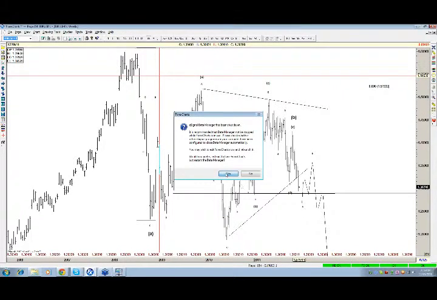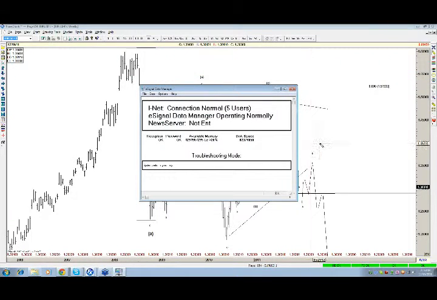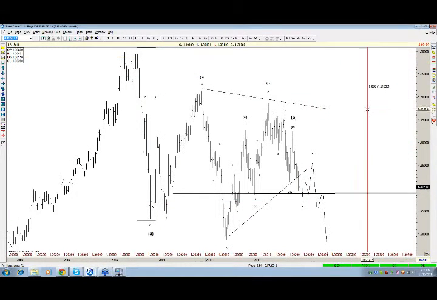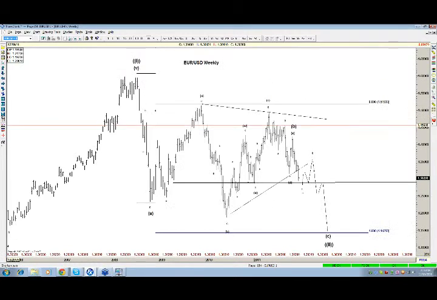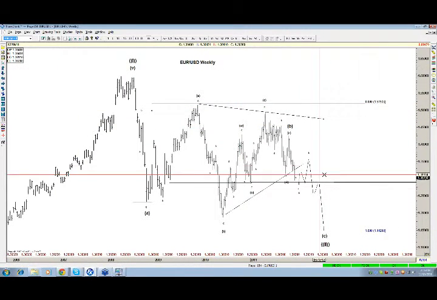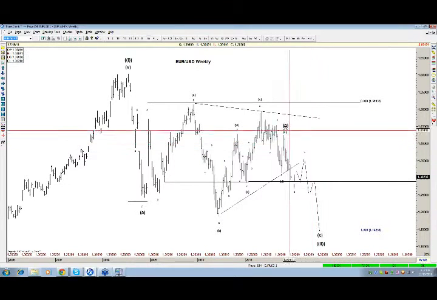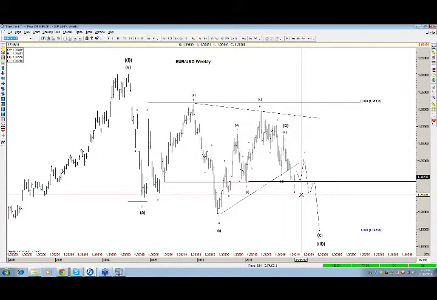On the weekly, I think there is no question now that most likely it's a debate between a count calling for another low and a bounce, or a count where we are ending the D wave.